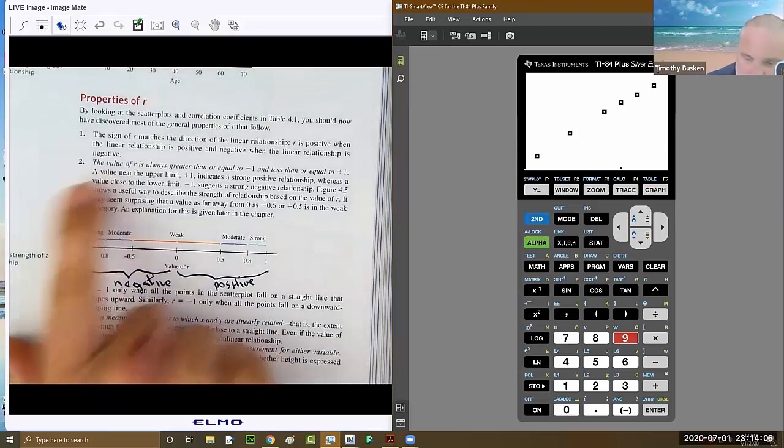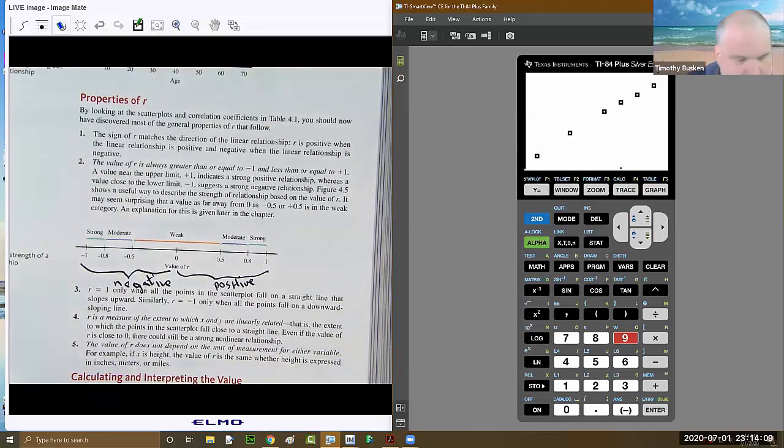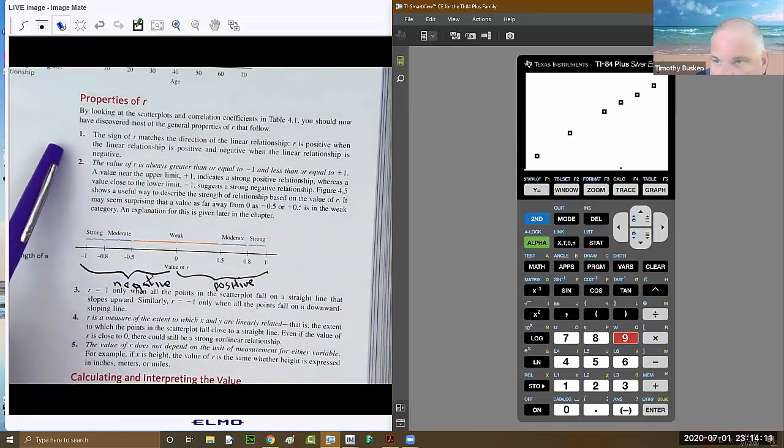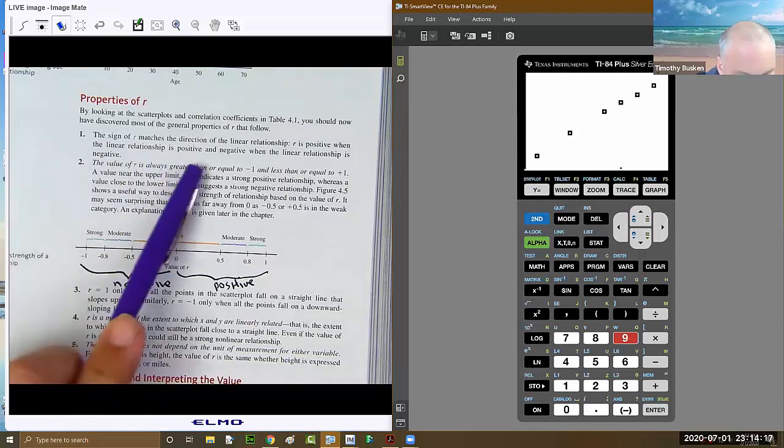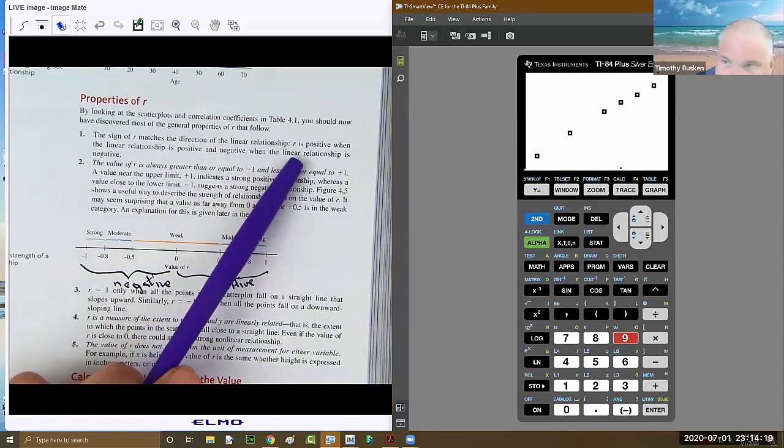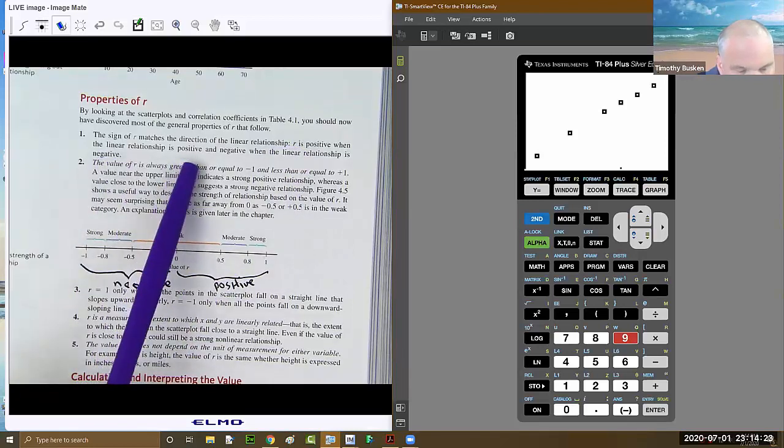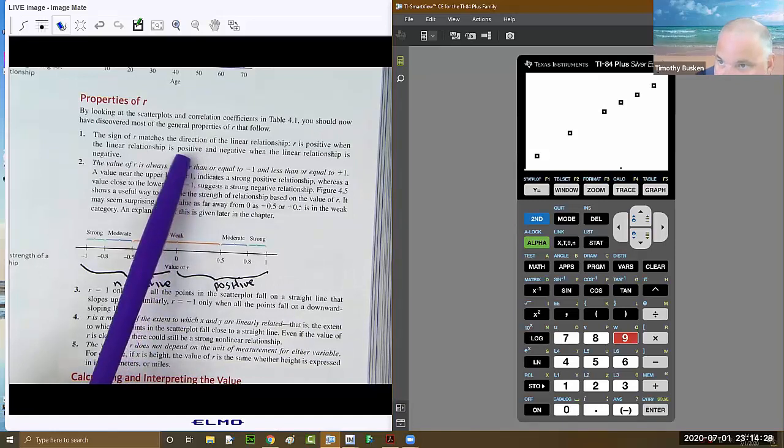And here they are. If you take a look at property number 1 here, the sign of R, whether it's positive or negative, matches the direction of the linear relationship. R is positive when the linear relationship is positive, and hence the best fitting line would have a slope that was positive.